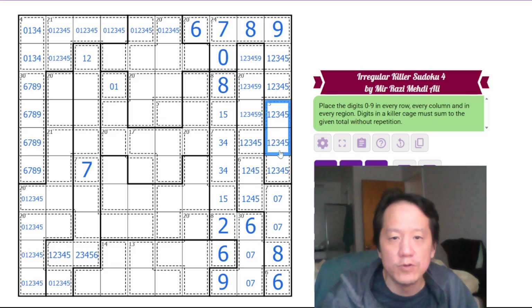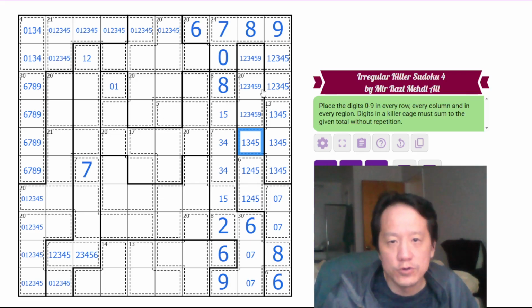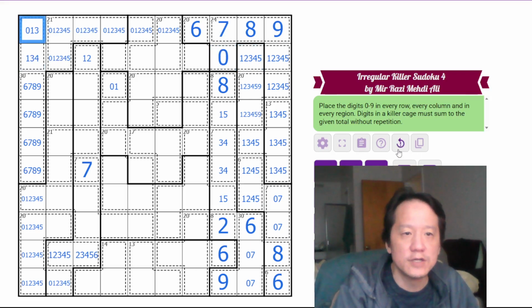This must be a 1, 3, 4, 5 quadruplet here. If you don't have a 9 here, you have the same problem, right? You add up at most 2, 3, 4, 5. So this must be 9 here, which means this can't be 9. This 0 means this can't be 0, so this can't be 4.